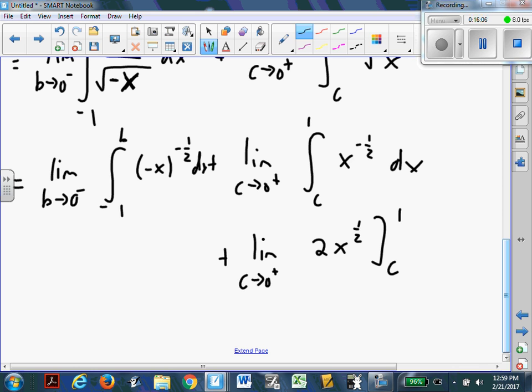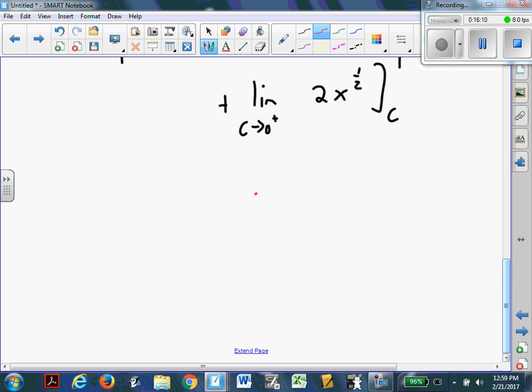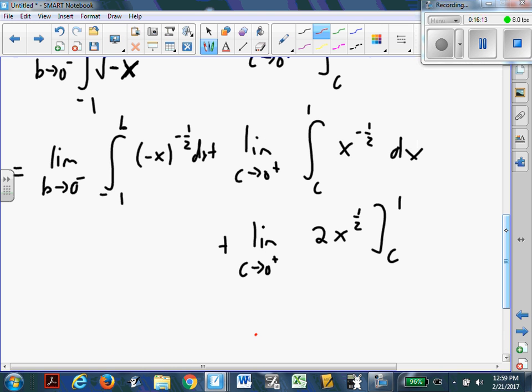On the left here, we could do a u substitution. If you can see it, you don't have to, but I'm still going to do it because it's not always that easy to see. So here we'll let u equal negative x, du equals negative dx, which means negative du is dx.